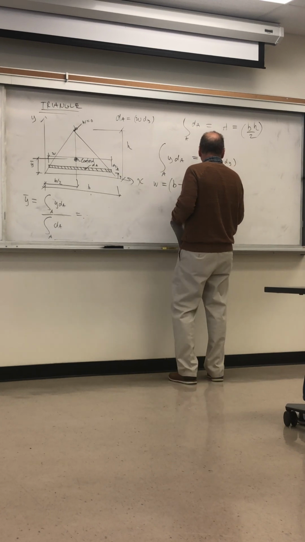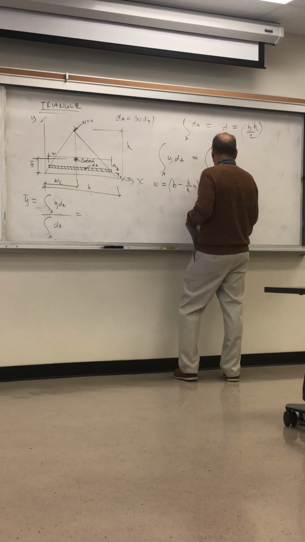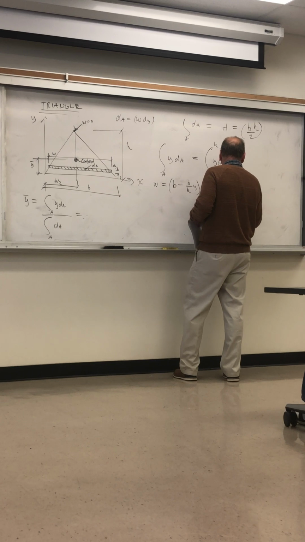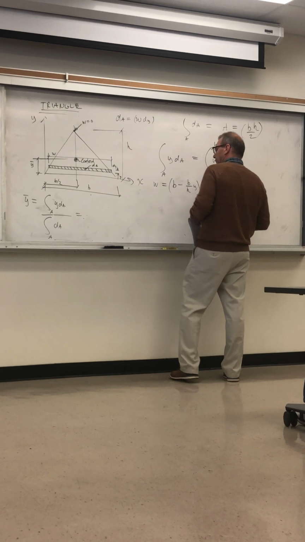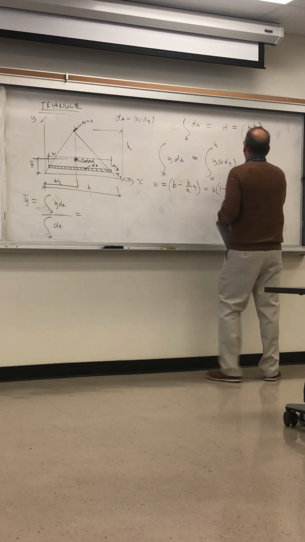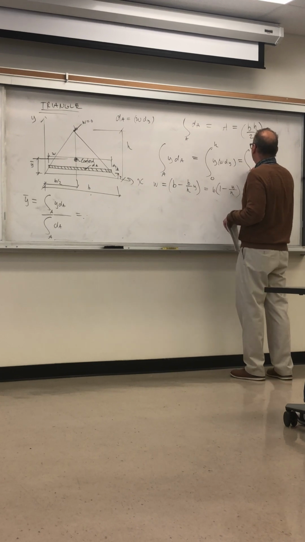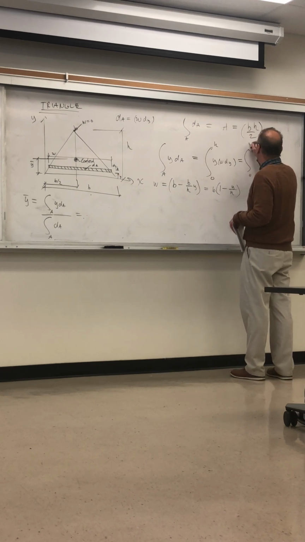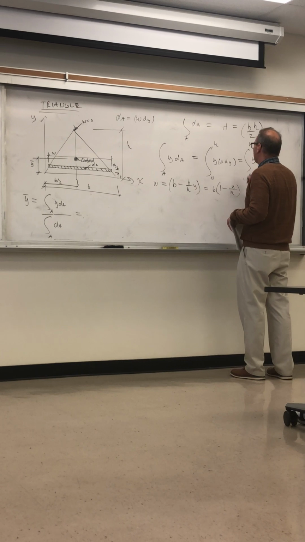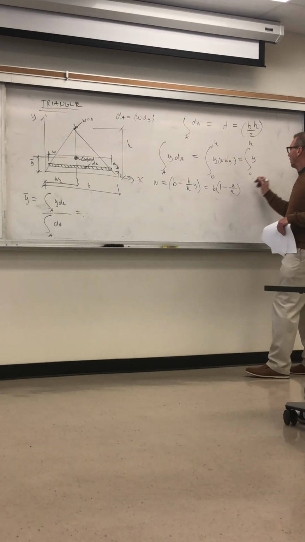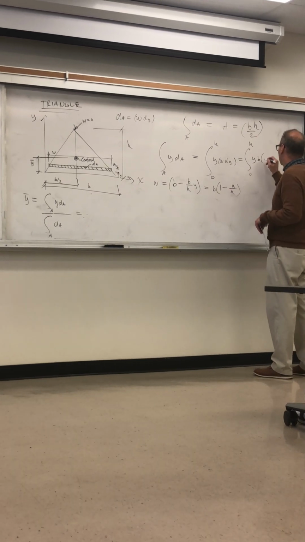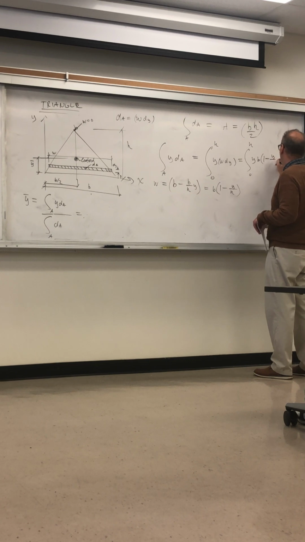So we can take out b times 1 minus y. So then this equals the integral from 0 to h of y times w, which is this, so it's times b times 1 minus y over h dy.